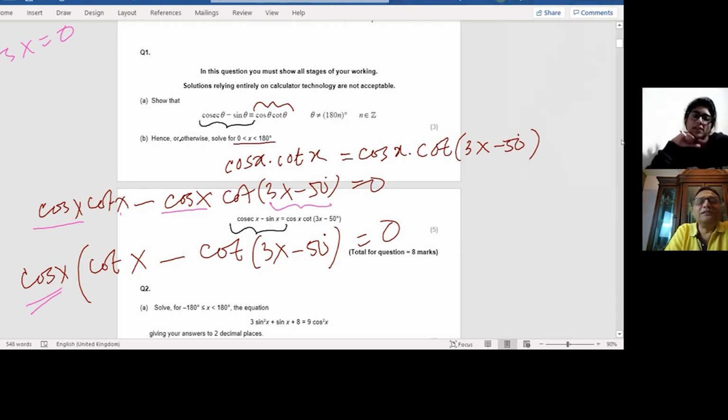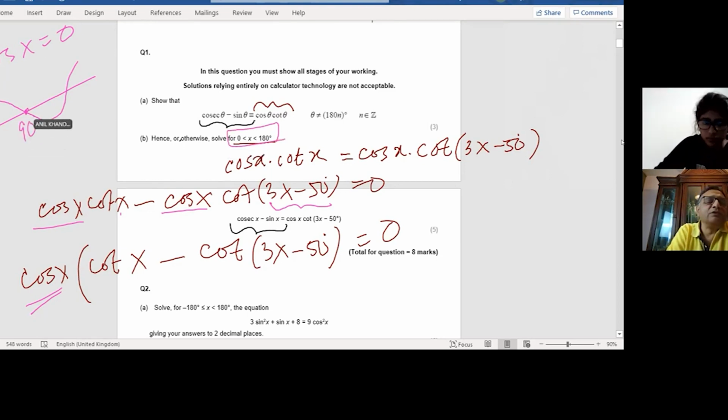So when cos x is 0, what do you get? 90, right? The cos x graph is kind of like this. We are only looking between 0 and 180, correct? So it is 0 at 90 degrees. So 90 degrees is one of the solutions.